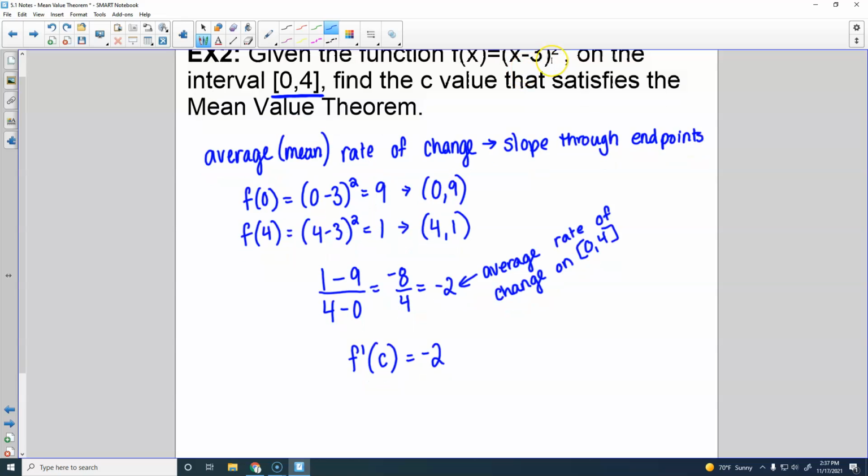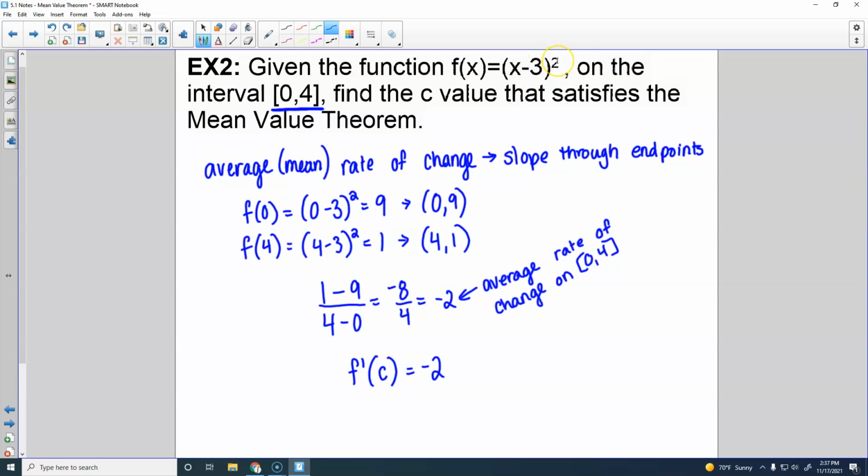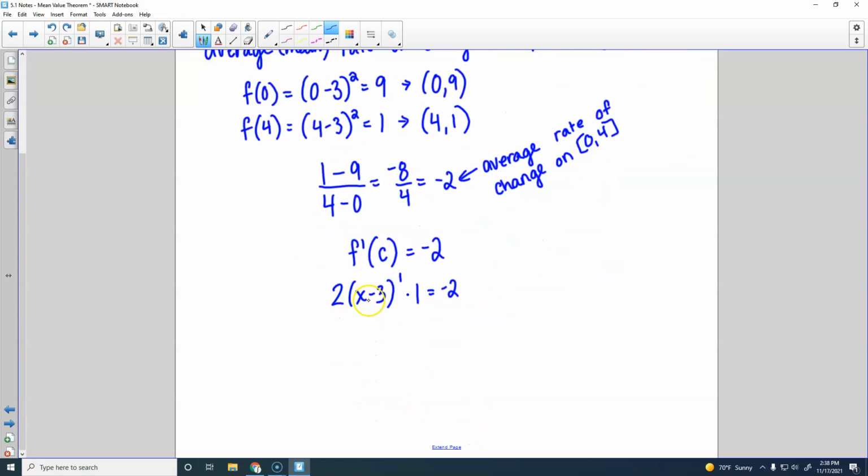So if we take the derivative of x minus 3 squared, that's chain rule, 2 times x minus 3 to the first power times the derivative of the inside. But what's the derivative of the inside? It's just 1. So essentially you just got 2 times x minus 3 equals negative 2.